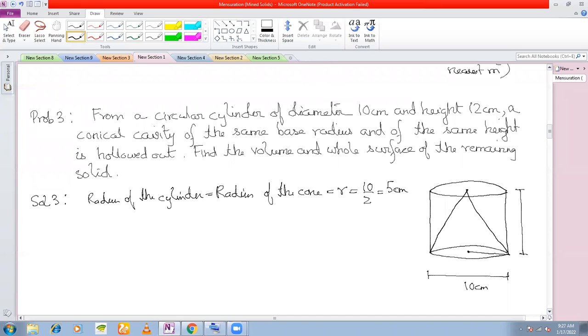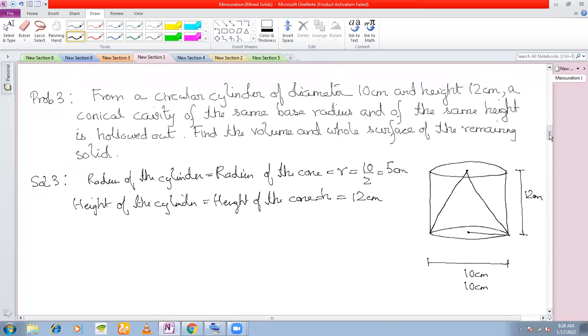And what is the height of this cone here? It is given to be 12 centimeters. That means height of the cylinder is equal to height of the cone, H is equal to 12 centimeter, right?